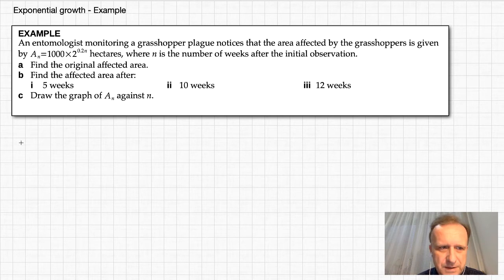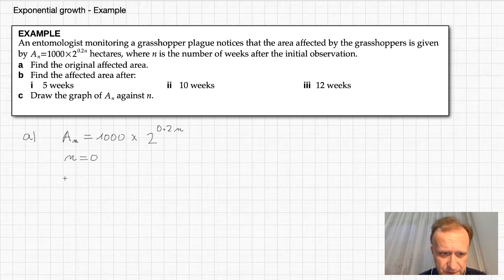So let me copy the formula a sub n equals 1000 hectares times 2 to the power of 0.2 times n. To find the original affected area, the area which corresponds to n equals 0, what I have to do is to substitute 0 into this formula.